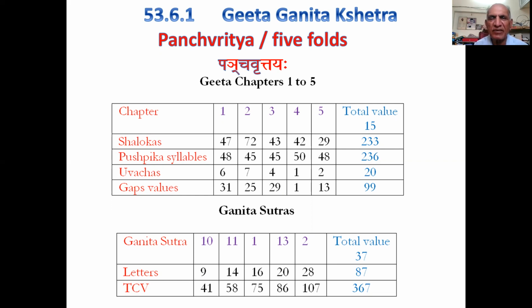These are 47, 72, 43, 42, 29, making total summation value 233. One may have a pause here and take a blissful note that number 5 as the fifth element takes us to Akash, space. Akash is the fifth element.